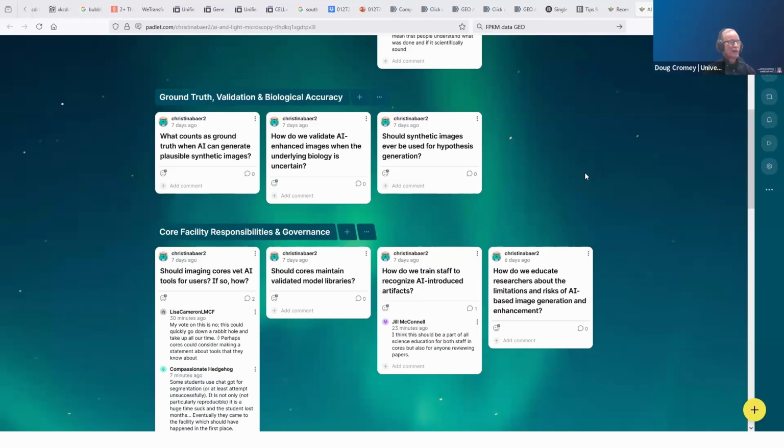One of my biggest concerns is someone's going to ask ChatGPT for a fixation protocol and not know the difference between a fixation protocol for plants, for C. elegans, for mammalian cells, all that. They just get an answer and it's a good answer but in the wrong situation. So that's why they talk to us.